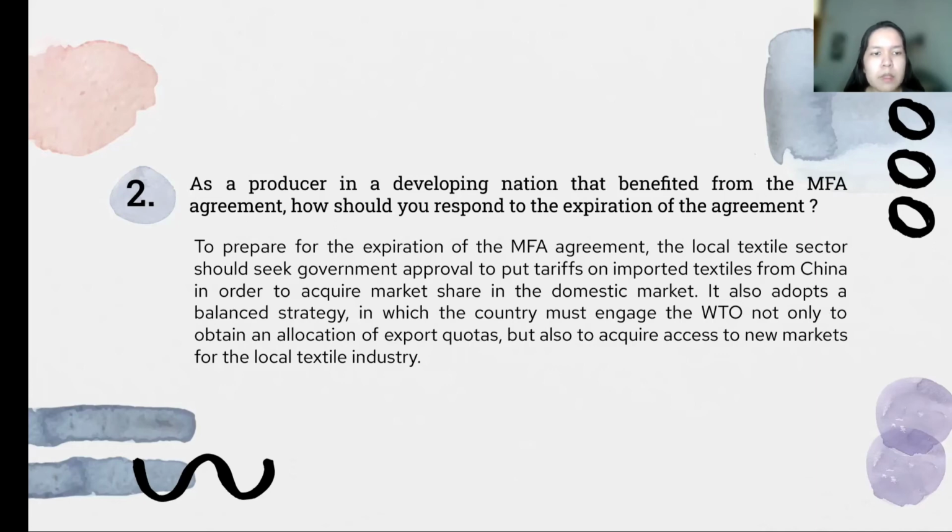And it also adopts a balanced strategy in which the country must engage the WTO not only to obtain an allocation of export quotas, but also to acquire access to new markets for the local textile industry.